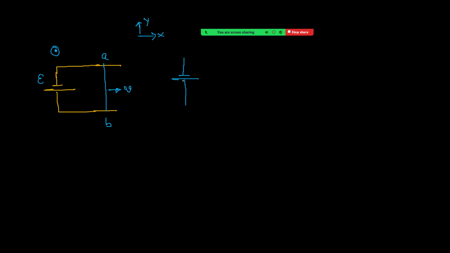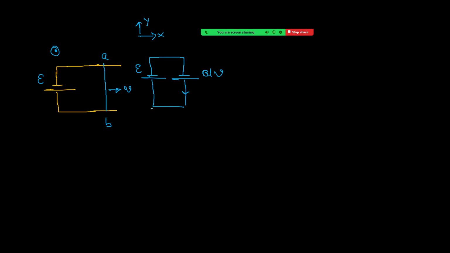Then because of this induced EMF, current will be like this. That means now the circuit is like this. See carefully. This is the given battery, which is EMF epsilon. This is the induced one, that is BLV. This is the EMF induced.